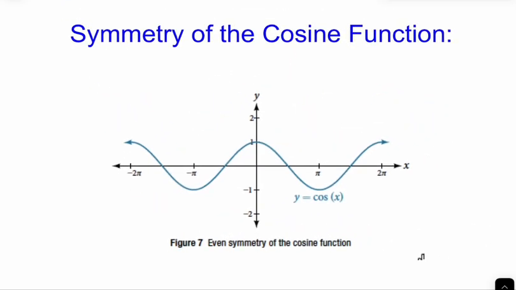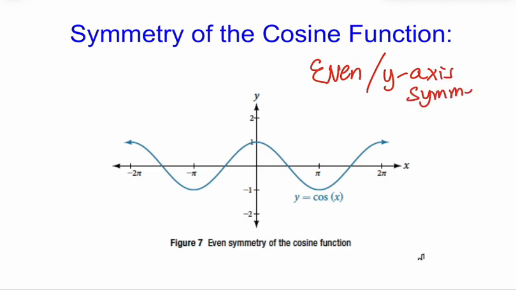So we call the symmetry of a cosine function an even function. It has y-axis symmetry. Algebraically, what does that mean?